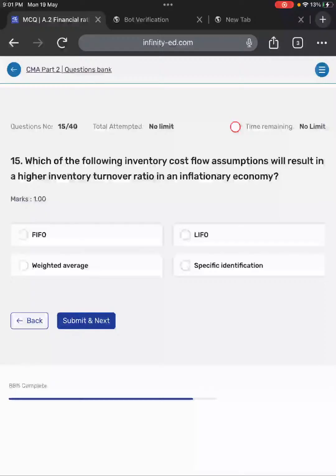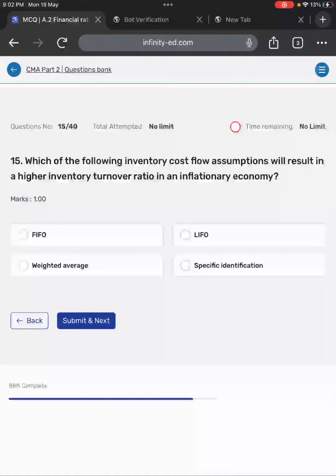Last in first out means today purchase, today out, today sale. In that case, what will be the result? Last in first out will result in inventory being lower, because the remaining inventory will be the first purchase, which is old.